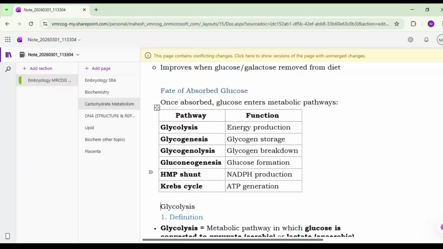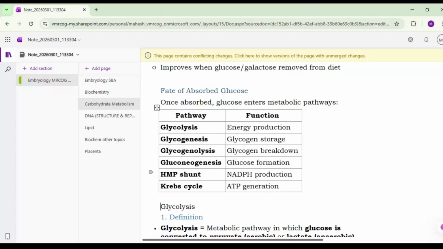Now what is the fate of absorbed glucose? We have seen the absorption of the glucose. What will happen to this glucose after the absorption? It can undergo glycolysis, that is for energy production. Then it may undergo glycogenesis, so glucose will be converted into the storage form, that is glycogen. Then glycogenolysis: whatever is the storage form, glycogen, that will be broken down.